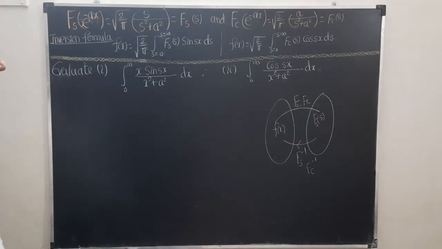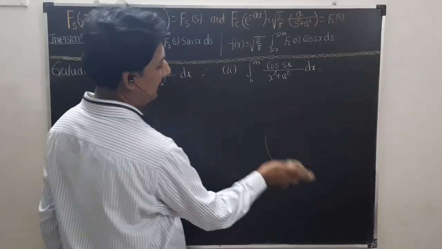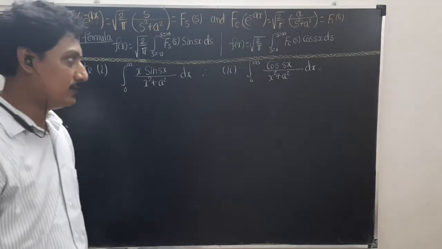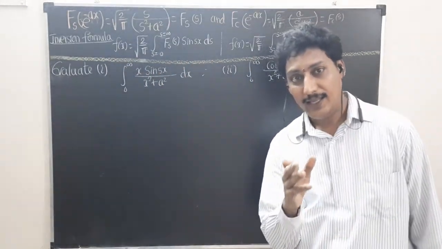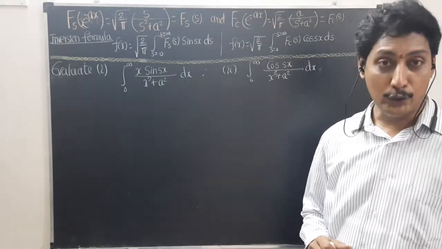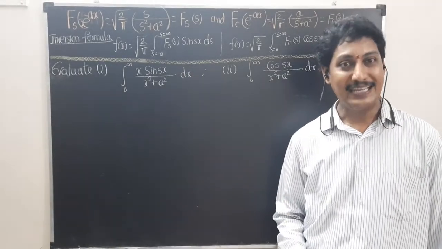I want to evaluate the integral 0 to infinity x sin sx by x square plus a square dx and the integral 0 to infinity cos sx by x square plus a square dx. We can already do these integrals with the help of contour integration under complex integration.